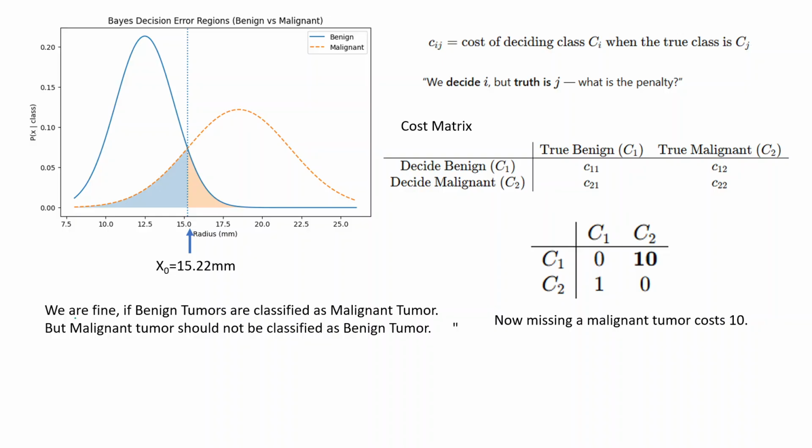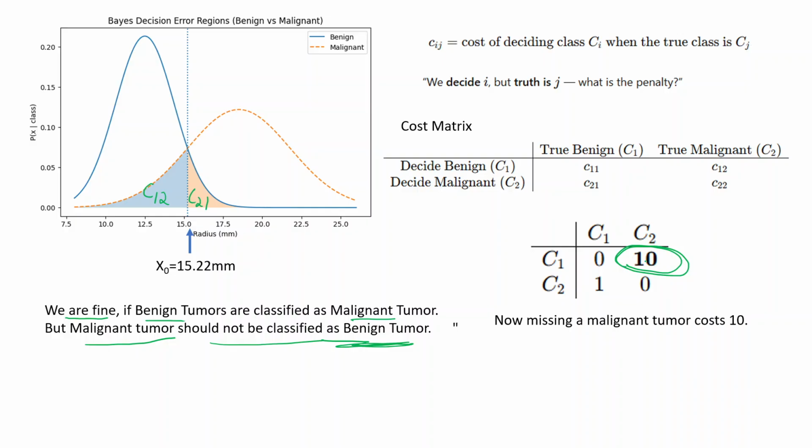The conclusion is, if benign tumors are classified as malignant, that is fine, because further follow-up will be done and then a decision made. But malignant tumors should not be classified as benign, because this is a serious consequence which we should not miss. Therefore, this was C12 and this was C21, and the penalty for C12 should be more, 10 or greater than C21.